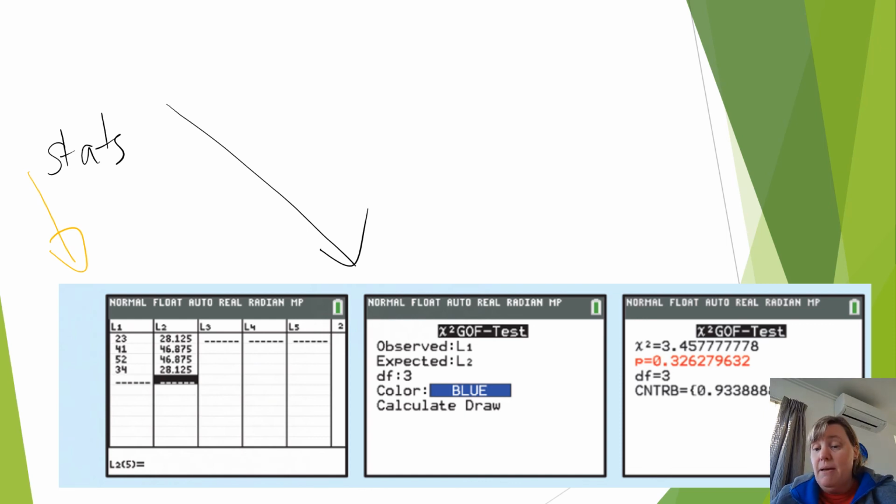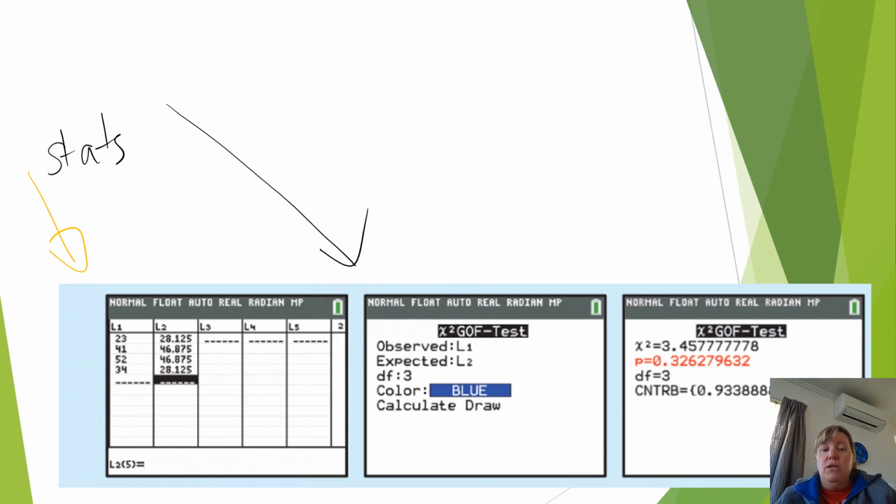What it's testing is whatever you put in list 1, is it a match for list 2? Are they the same? So if you put the wrong thing in list 2, the calculator will still tell you whether it fits. It doesn't know normal or binomial or uniform. What it knows is what you put into the expected value column.